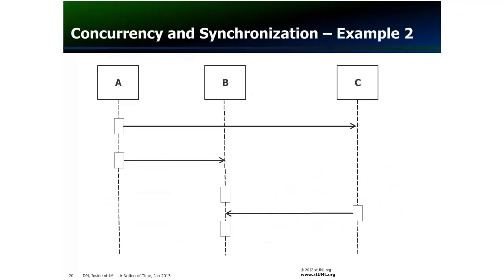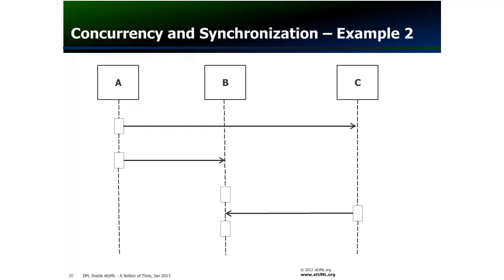Another way to look at this aspect of the execution rules is through a simple sequence diagram. Here, I will only look at the case where three instances are involved. In this example, instance A sends two events. One is destined for instance B, and the other for instance C in rapid succession.